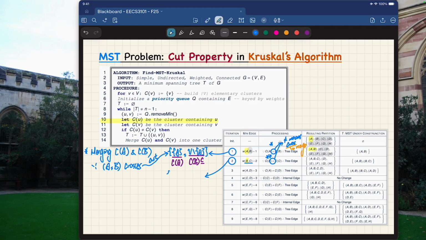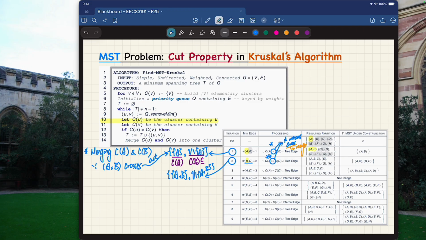So you can see the cluster of B in this case is going to be AB. And then the rest is V set difference AB.